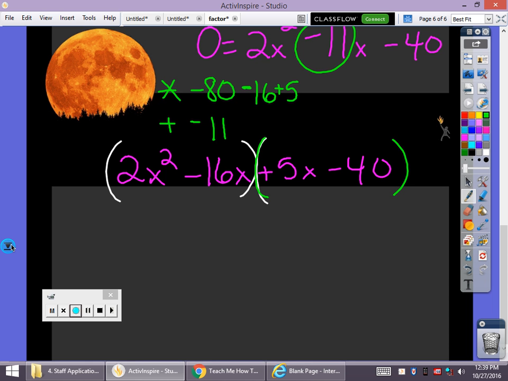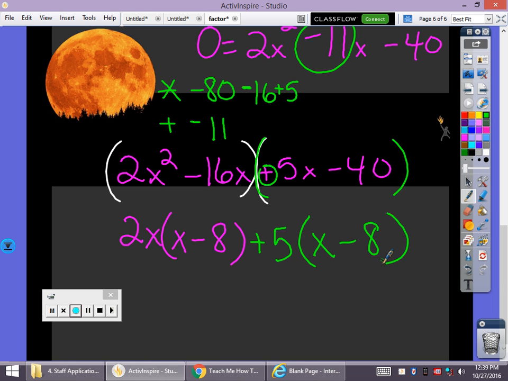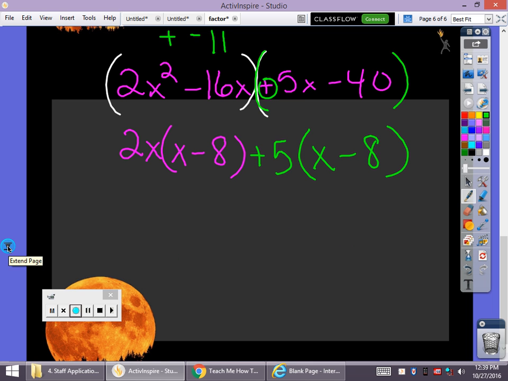What is the GCF for 2x squared and 16x? 2x, so I have 2x, and then I have x minus 8. And what is the GCF for the next one? Remember, I keep this sign, so I'm going to divide by positive 5, which leaves me with x minus 8. Do my parentheses match? Yep, so I don't need to double check any negatives. So I have 2x plus 5 and x minus 8.